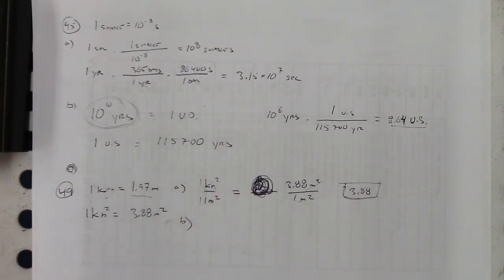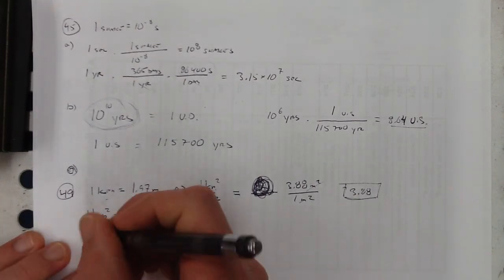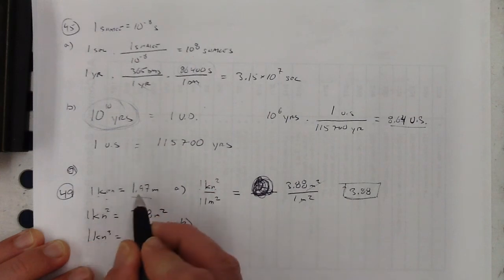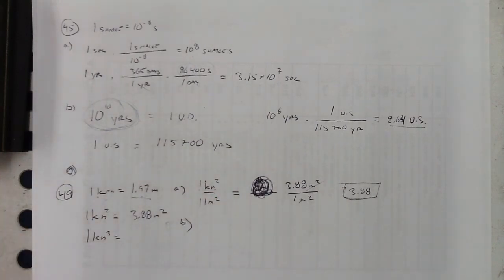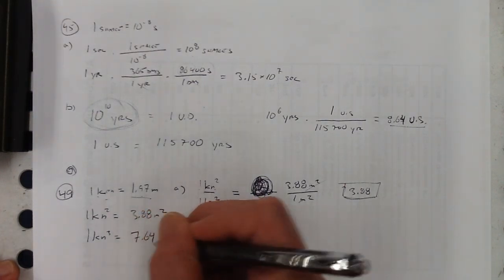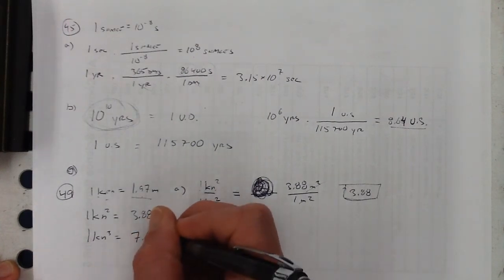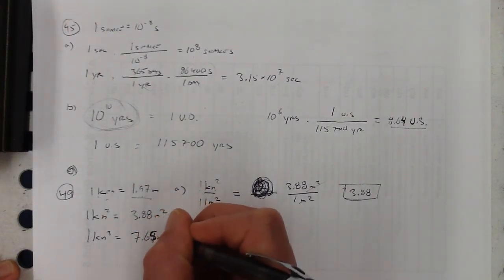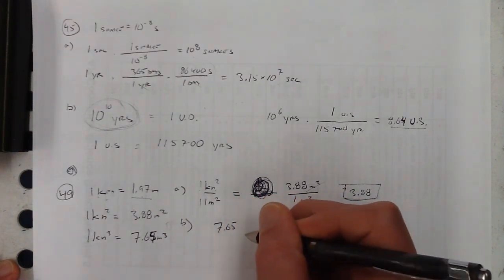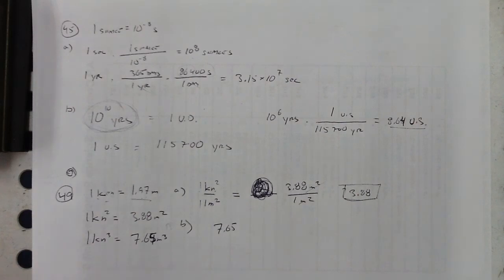Okay, so part B, we want to know cubic kens to cubic meters. So 1 cubic ken is equal, since 1 is equal to 1, that would be 1.97 cubed, 7.65 if I round that way, and same deal, that's going to be my ratio. 7.65 is that ratio.